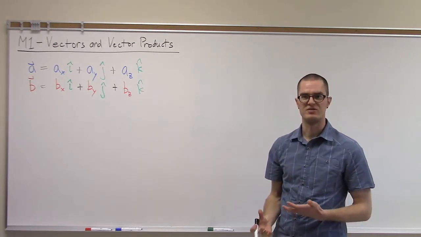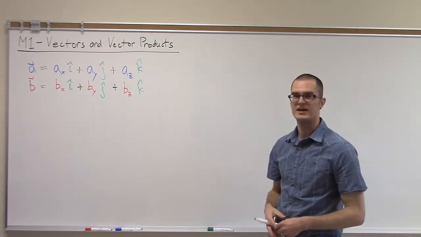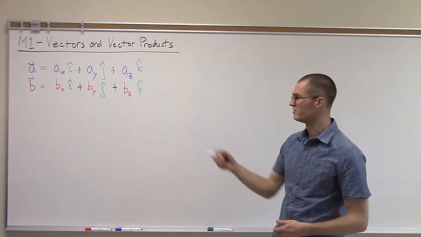The first thing we might want to do is add two vectors together, or alternatively subtract them by applying a negative multiplier to one of the vectors.